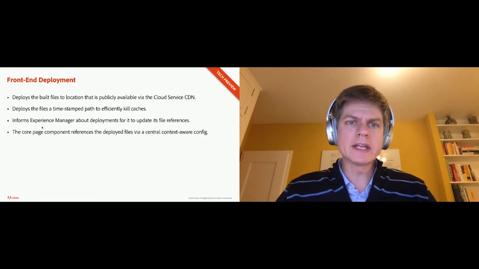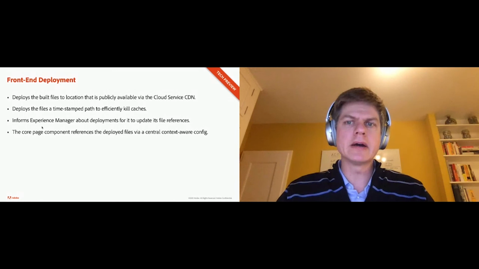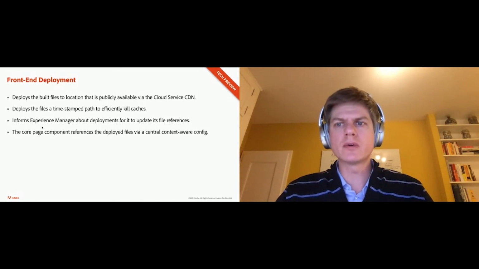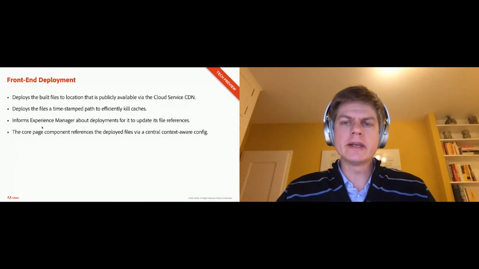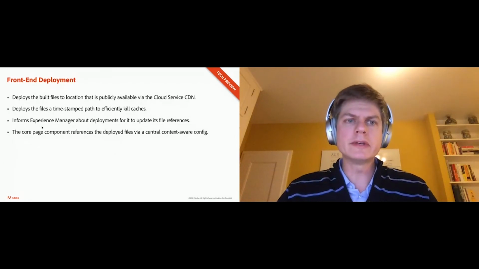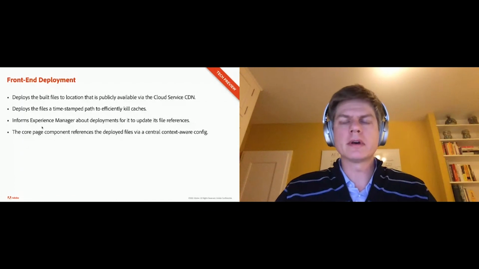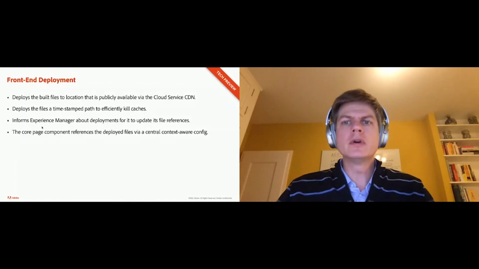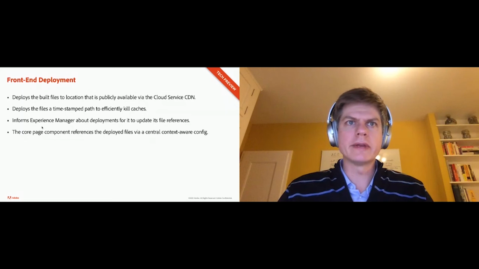And the core page component has actually already now a context-aware configuration. If you look at the core page component, that is available there already. So this is basically what we're using here to update the configuration of the site with the new location of the files and where they have been deployed.